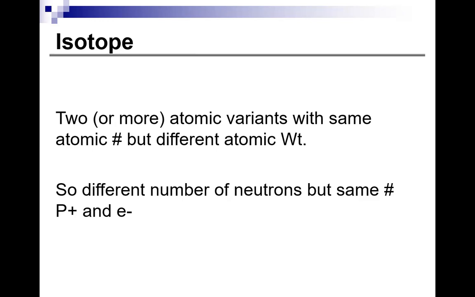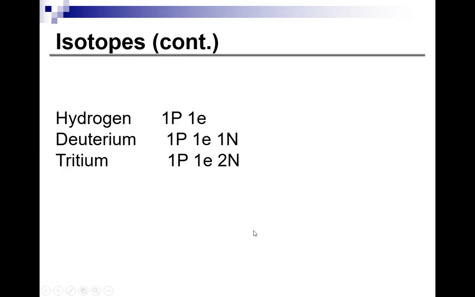The atomic weight is different because they have differing numbers of neutrons. They're still all carbon because they have 6 protons, but when you vary the number of neutrons, you get a different atomic weight. The protons and electrons stay the same, but the neutrons are different for each isotope.